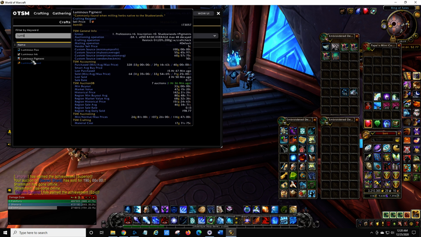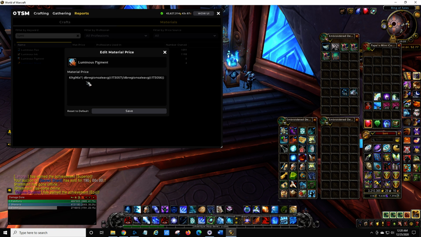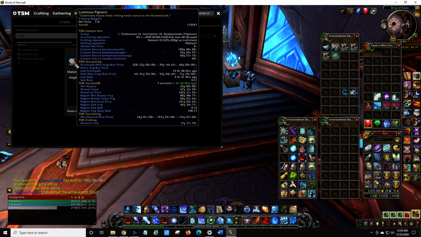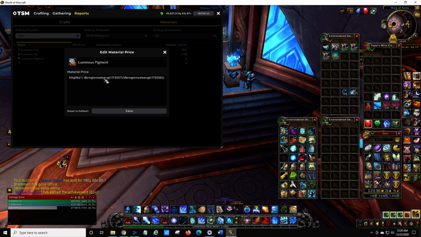I should probably have been on my inscriptionist while I was doing this, because it's a little easier to look at the numbers. Basically, I'm taking the number from my spreadsheet and multiplying it by the ratio of luminous pigment divided by umbral pigment. Here this is luminous pigment, and when I go to umbral pigment, I'll just swap those numbers.